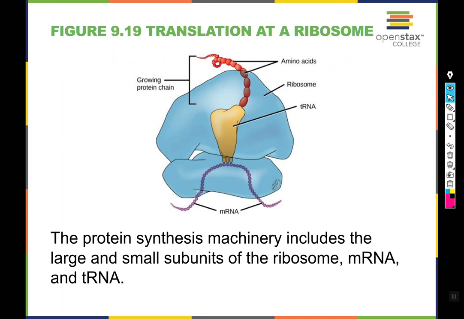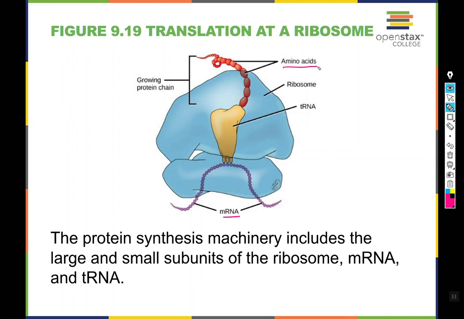And we're going to finish up by talking about translation at a ribosome. So remember, translation is taking the language encoded in the mRNA and turning it into a language of amino acids instead. So we're going from nucleic acids to amino acids, and that's why it's called translation.